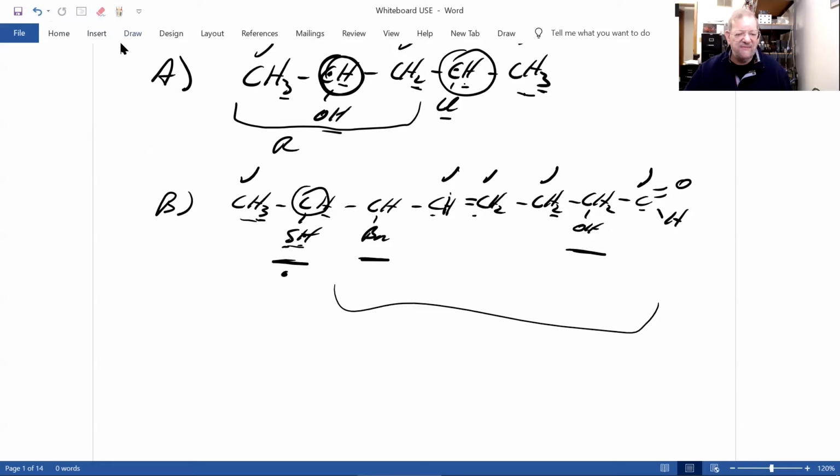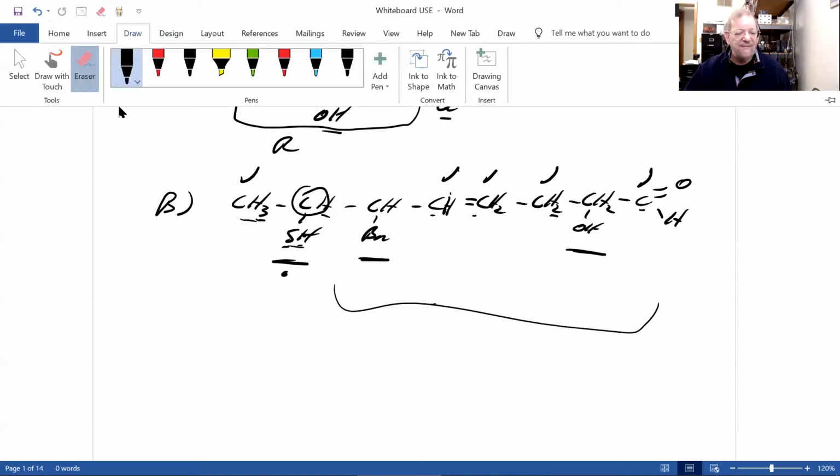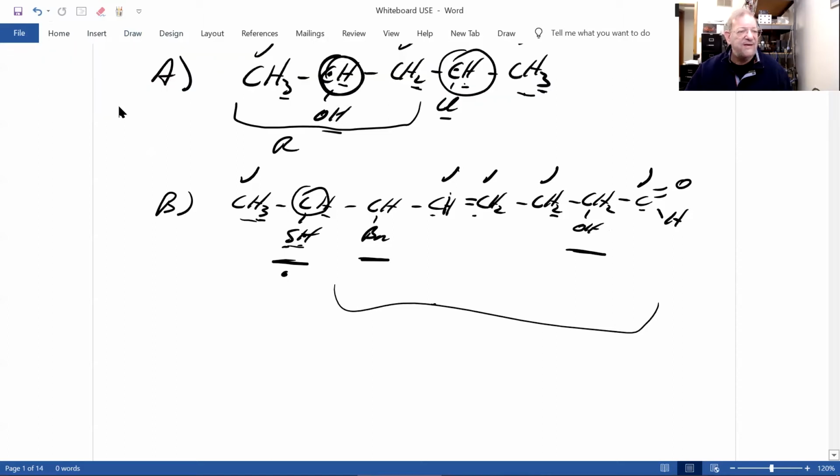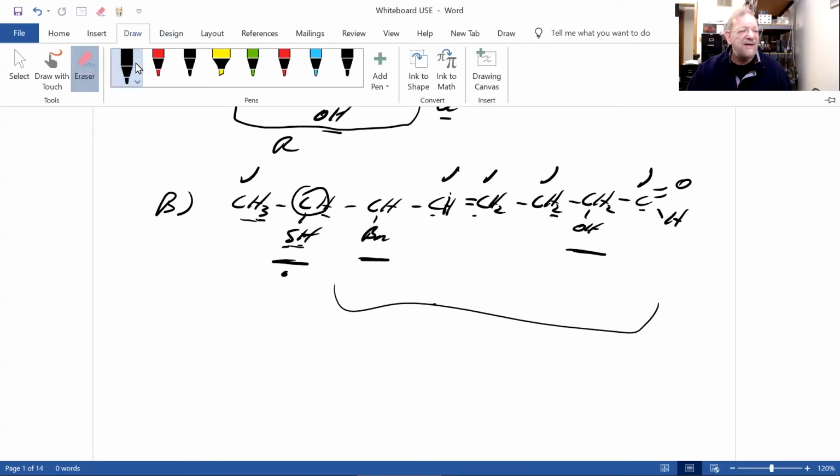Come on, eraser. All right, why is my eraser not wanting to erase? That's weird. All right, hold on 1 second while I do something.